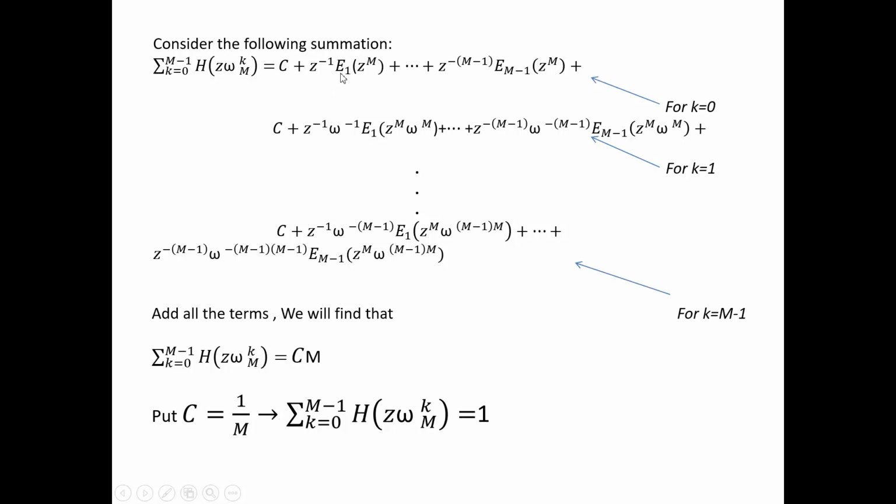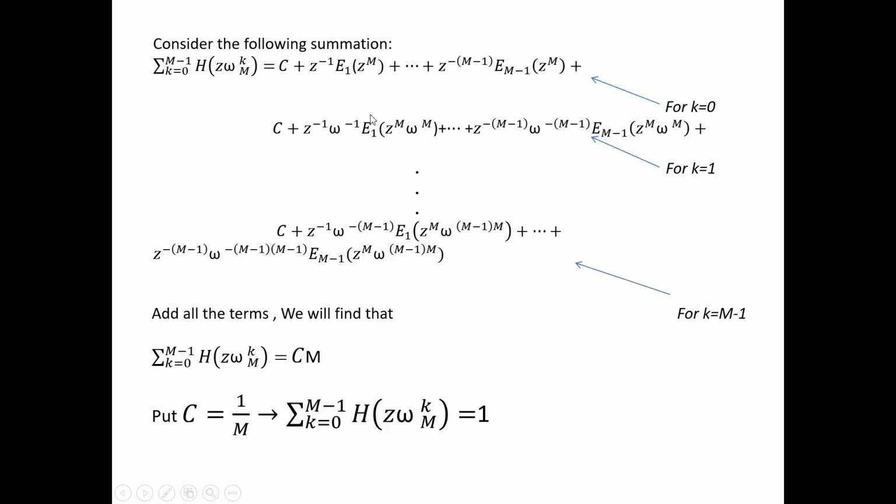If you look at the rest of the factors, you will see z to the power minus 1, z to the power minus 1, and so on, along with 1, omega minus 1, up to omega minus (M minus 1).